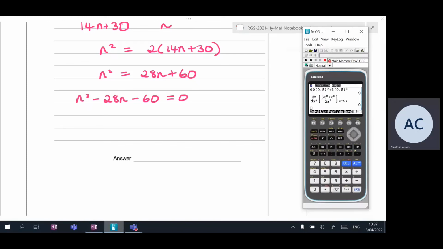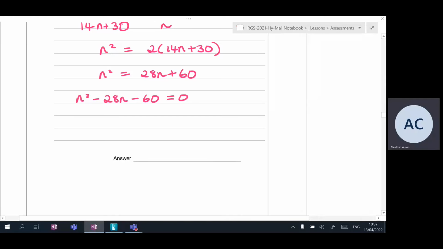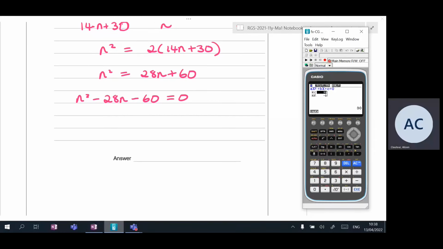Okay, so because it is a calculator paper, I am just going to be lazy and solve that on my calculator. So A is 1, B is minus 28, C is minus 60. Okay, so it is one that factorises. So it is 30 and minus 2.